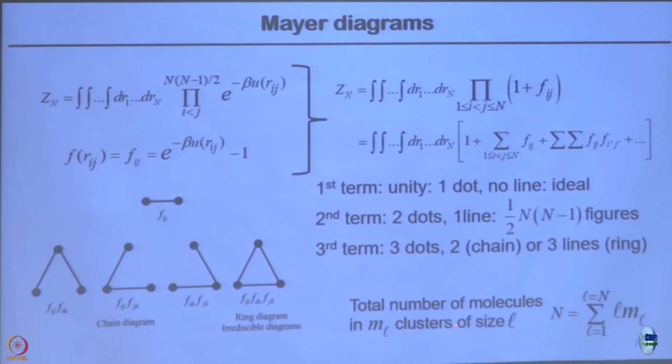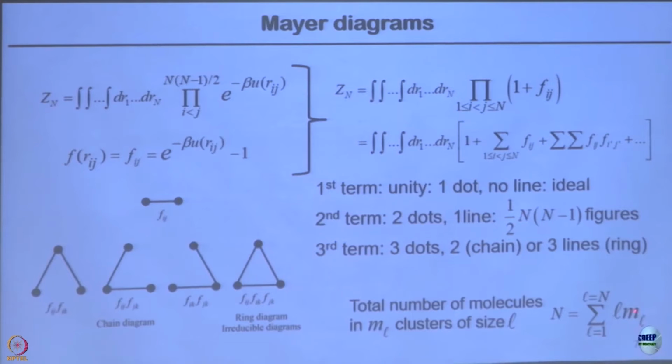Total number of particles in the system is, so m_l, now we say okay, m_l is the total number of molecules in a cluster of size l. So cluster of size 2, how many total number of molecules? 2. Here 3.